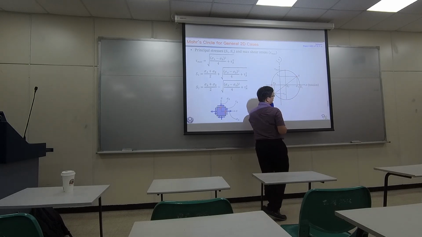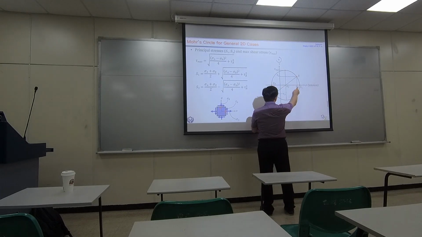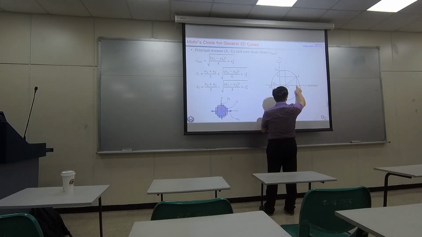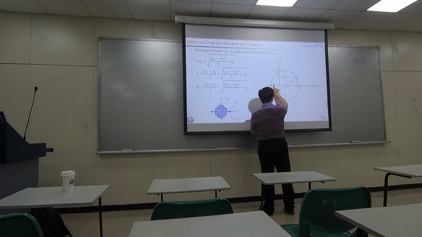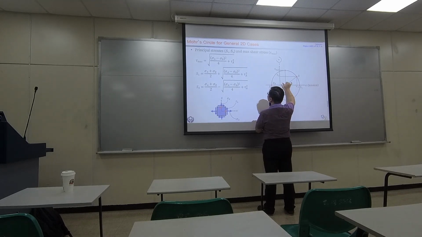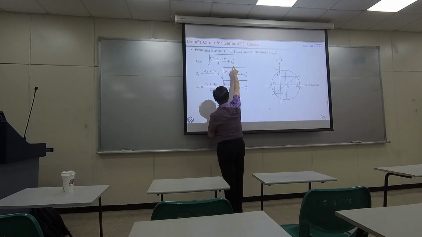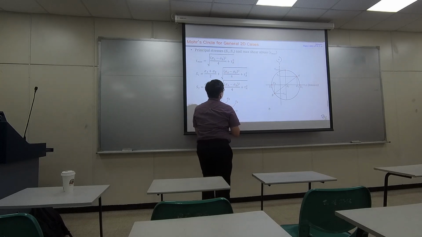Because sigma B is a negative value. So this minus this, you will get the width from the projection of A to the projection of B. And take a half of it, then you have this distance. That's why you have something like this. Square plus tau square, take the square root, then you have the radius.